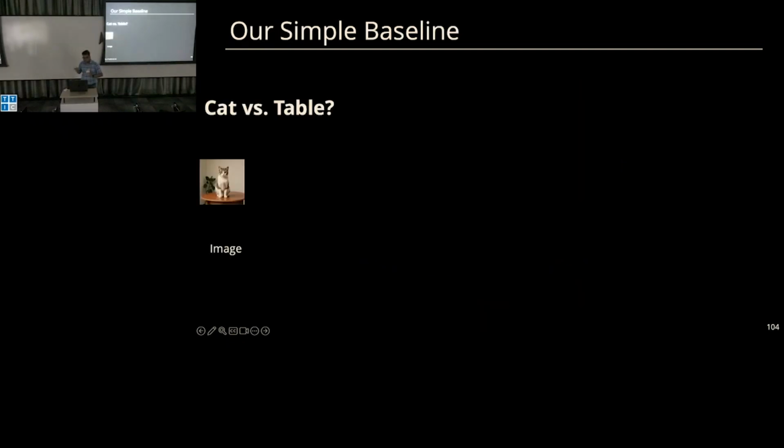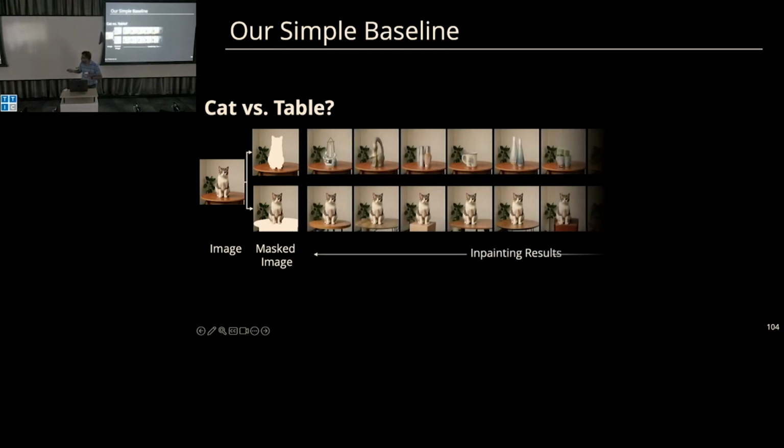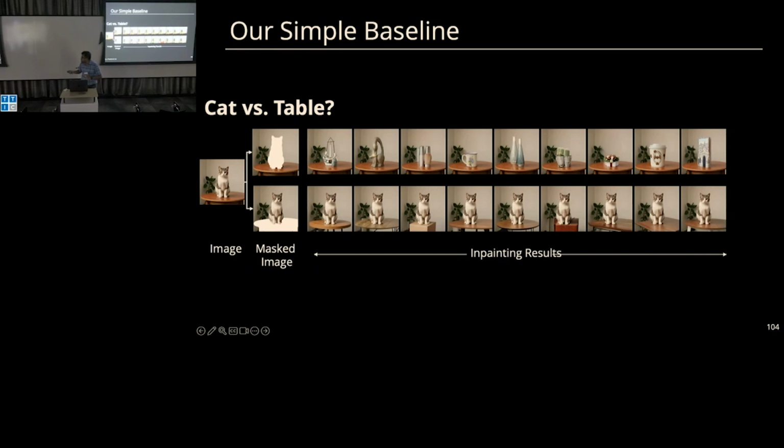So we came up with a very simple baseline. Here is another example, cat versus table. We use a generative image model and just infill different objects. If we try to replace the cat, you can see that the cat can be replaced with multiple different objects. But if you try to replace the table, most often we get the table back.